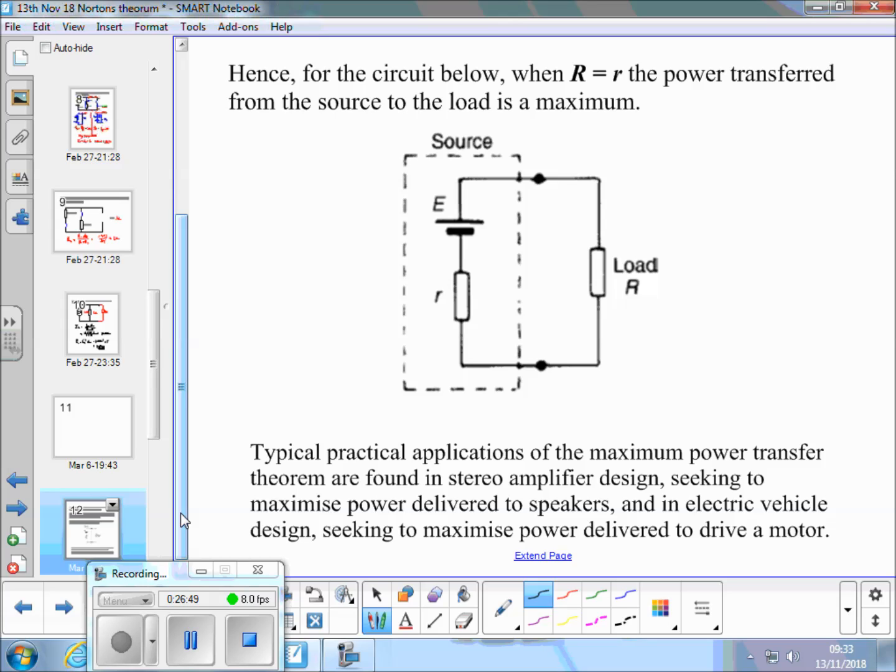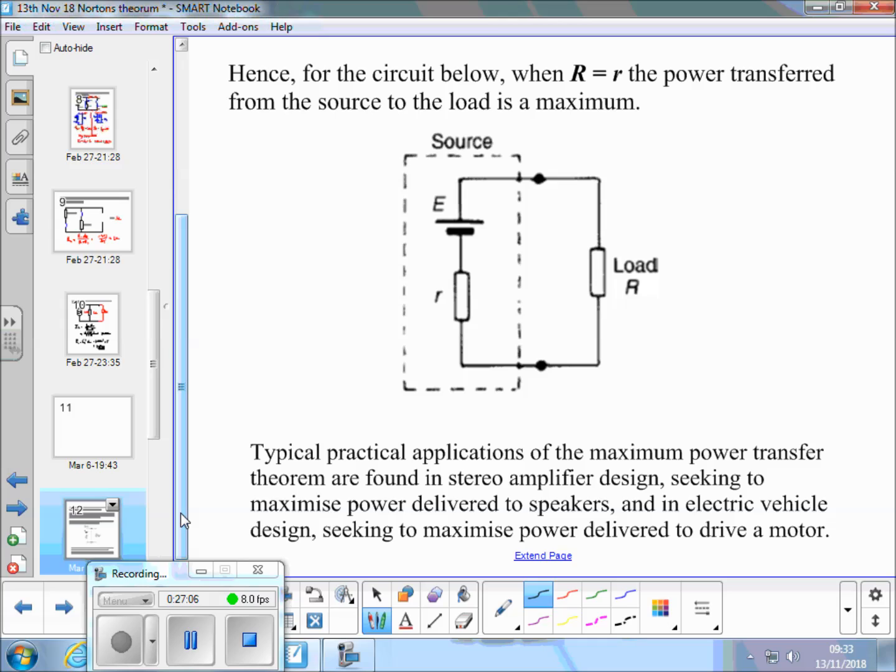So if you don't match your speakers to the output of your amplifier, you're not going to transfer full power. You're not going to get the full power of the amplifier to the speaker. Not going to get as loud as you want to.